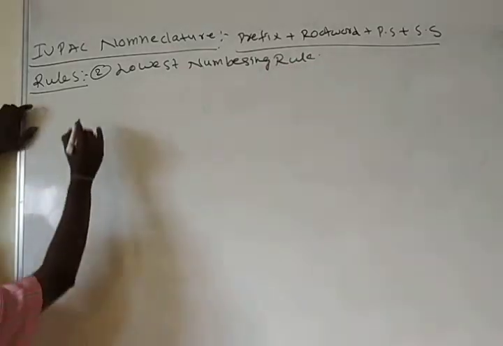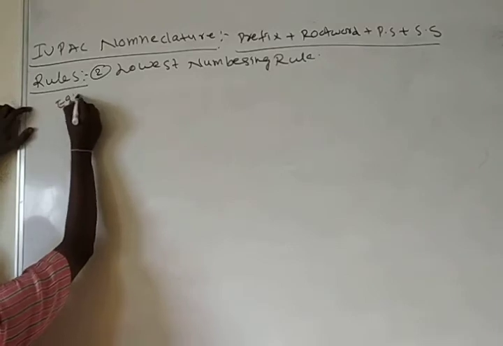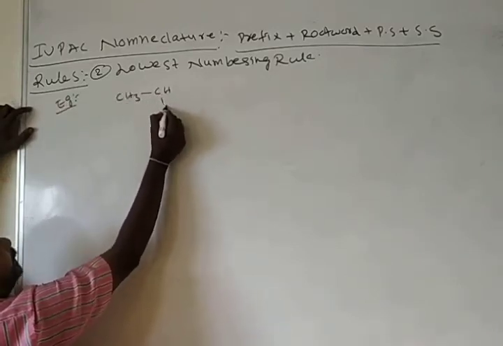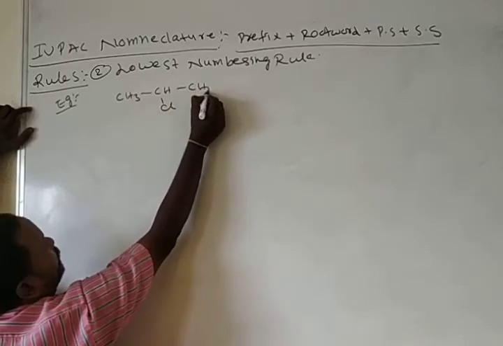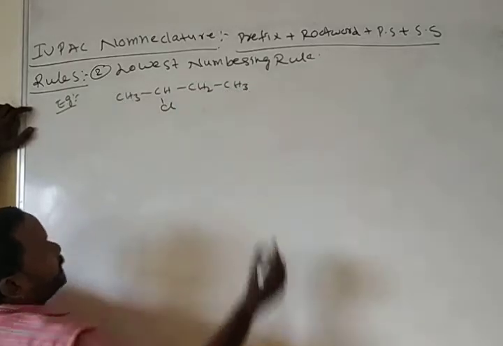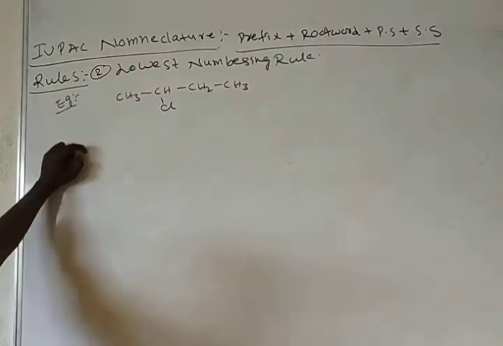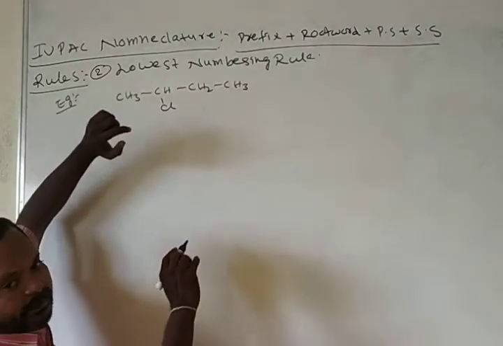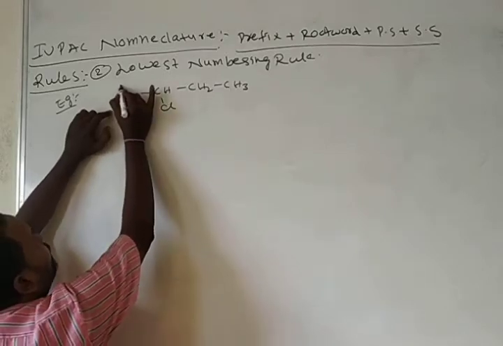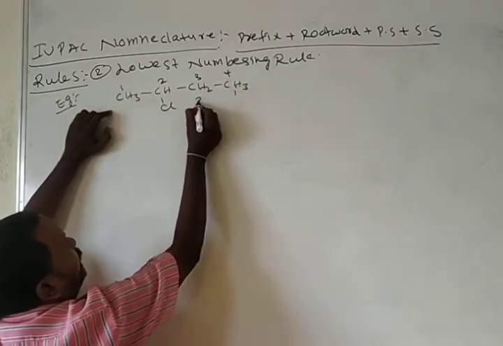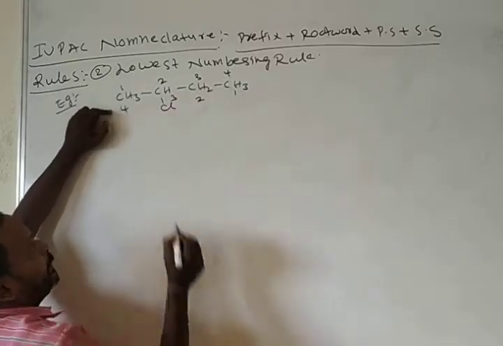Here I am taking one example: CH3, CH, here Cl is there, CH2, CH3. This is one organic molecule. Give the numbering from left to right and right to left. I am giving first left to right, 1, 2, 3, 4, and then right to left.